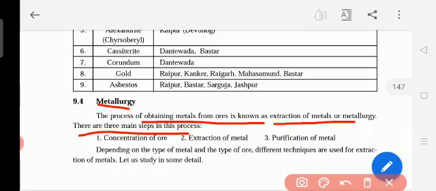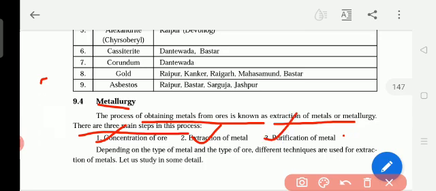Metallurgy means separating the metal from the ore. In metallurgy we have 3 steps: concentration of ore, extraction of metal, and purification of metal.